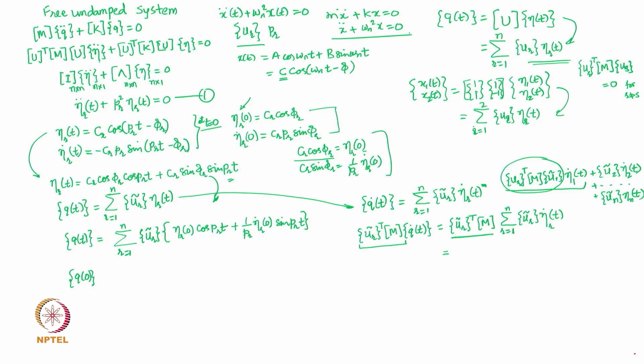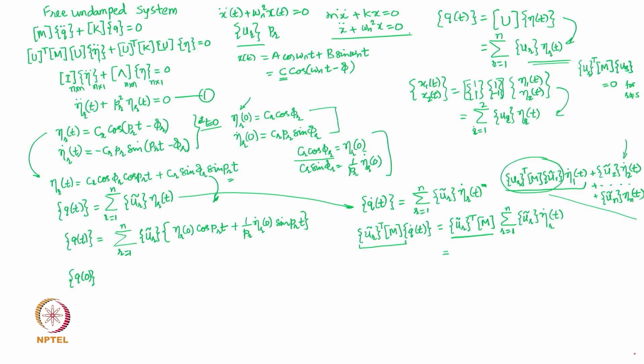That means when two different eigenvectors are considered, they are orthogonal to the mass matrix and stiffness matrix. So every term in this series will turn out to be 0 except the term that corresponds to r, isn't it?